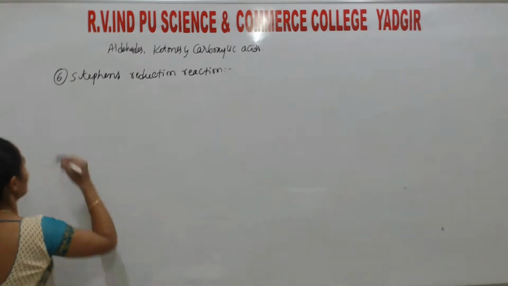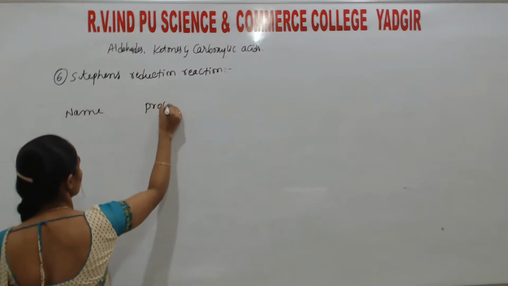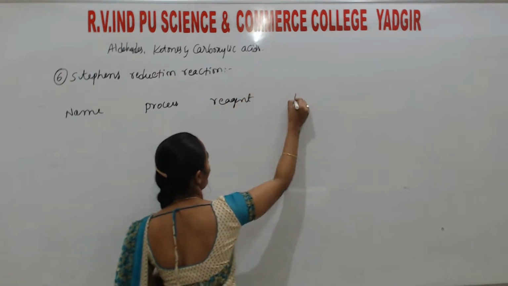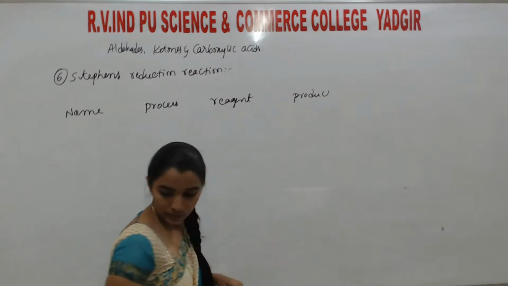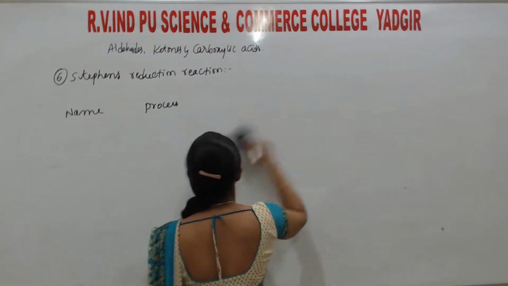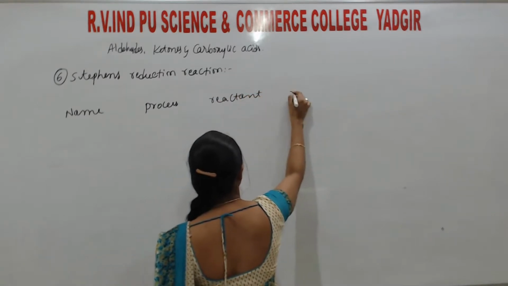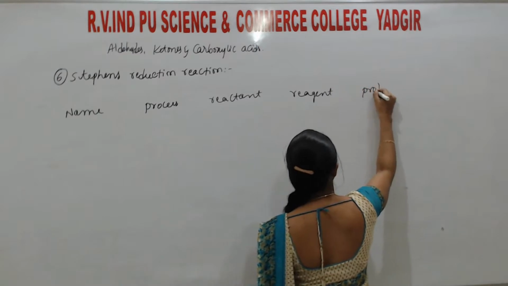So here, name of the reaction, the process, reactant, reagent, then product.